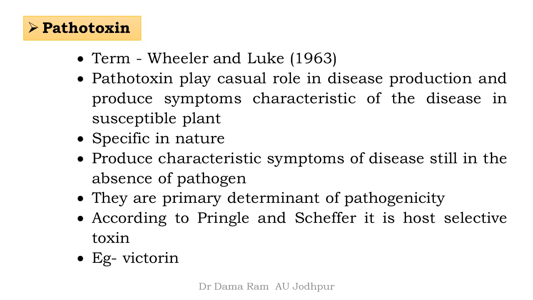It is specific in nature, and some toxins are also non-specific in nature and produce characteristic symptoms of a disease even in the absence of a pathogen. And they primarily determine the pathogenicity also. According to Pringle and Scheffer, it is a host-selective toxin, and an example is victorin.